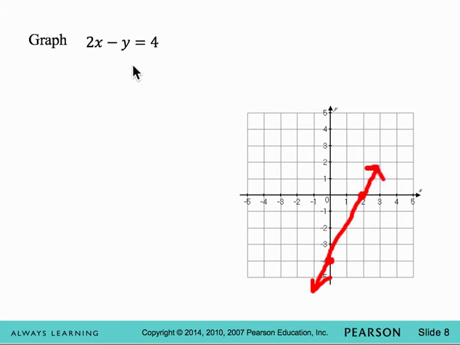If I wanted to solve it for y, I could, but I'd have to do some algebra. So I've got 2 methods now. If my x and y are on the same side, think about the intercept method. If it's solved for y, think about the slope intercept method.